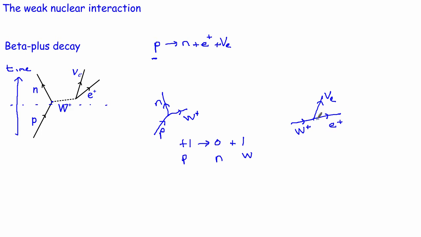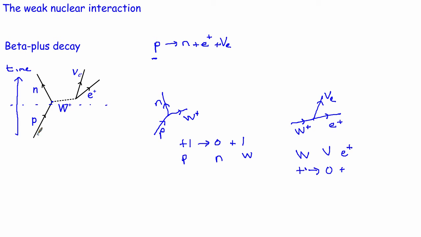And again, you can make sure that the charges follow through. We started off with our W particle, which has got a charge of +1. It's gone to our neutrino, which has got a charge of 0, and to the positron, which obviously has a charge of +1. So again, everything balances.